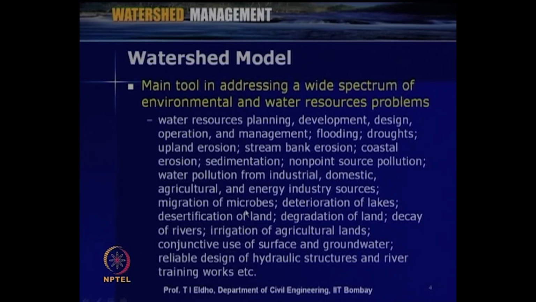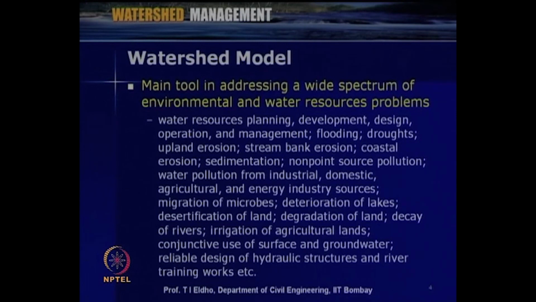As I mentioned, we can develop watershed models for a wide spectrum of problems, so that we can easily understand the effect of various interventions within the watershed and what is going to happen there. For example, if we are going to construct a check dam, how is the system going to behave as far as water management is concerned?